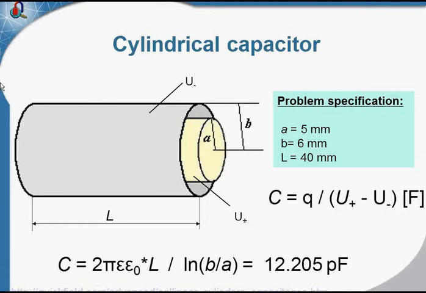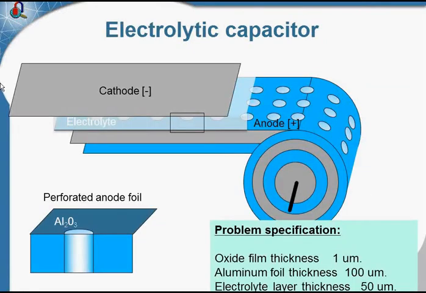Now let's move to the next example. This is the electrolytic capacitor. The capacitor consists of the cathode foil with negative potential, the anode foil with positive potential, and the electrolyte between the cathode and anode foil.